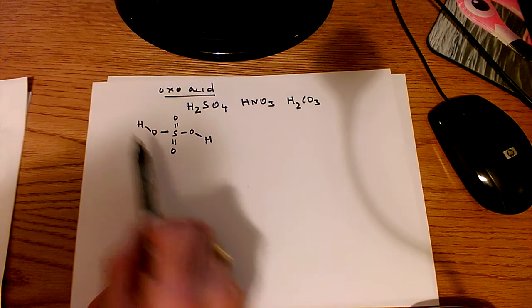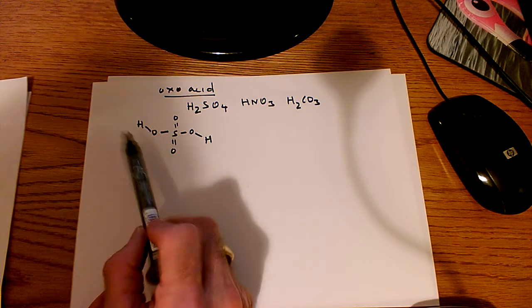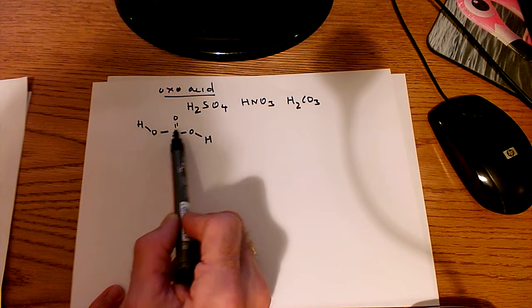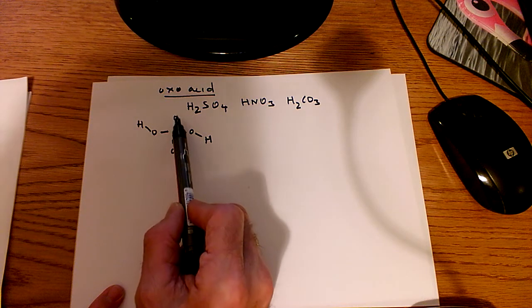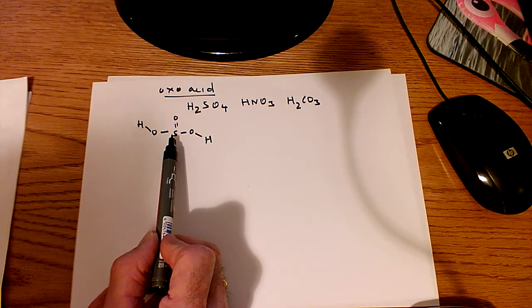There it is. There's your hydrogens, diprotic acid. There's your hydrogens bonded to your oxygen, and there is always in these oxo acids an oxygen double bonded to the central atom.